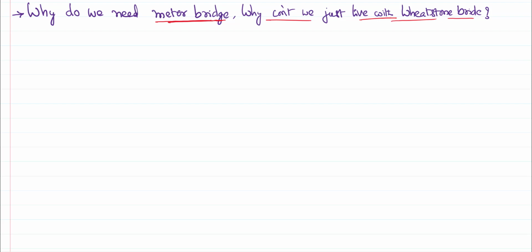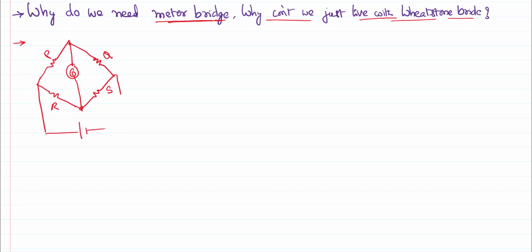So what is a Wheatstone bridge, first of all? It's a combination of 4 resistors like P, Q, R and S, which we have discussed in many videos, in such a way that between 2 junctions a galvanometer is connected, and between the other 2 junctions a battery is connected.